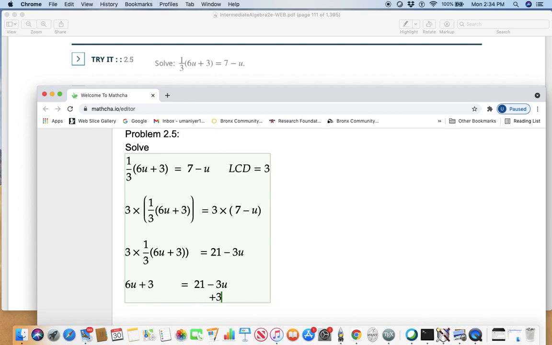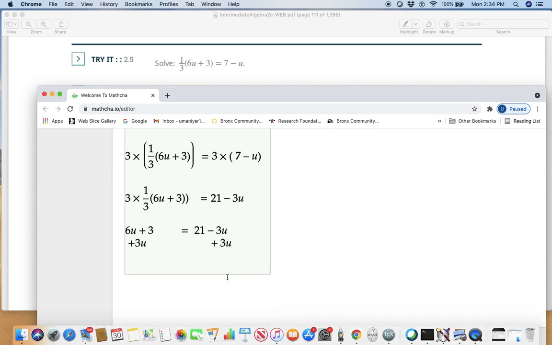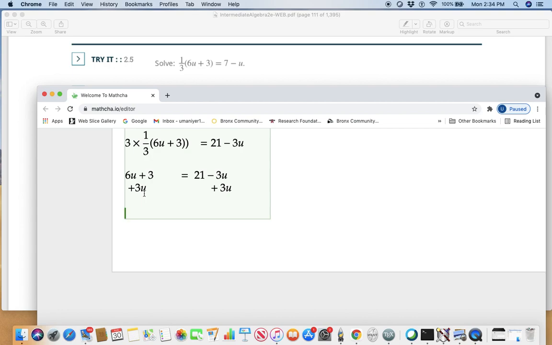If I add 3u there, I need to add 3u here as well. So that gives you 6u plus 3u is 9u, plus 3 equals negative 3u, positive 3u cancel, you are left with 21.